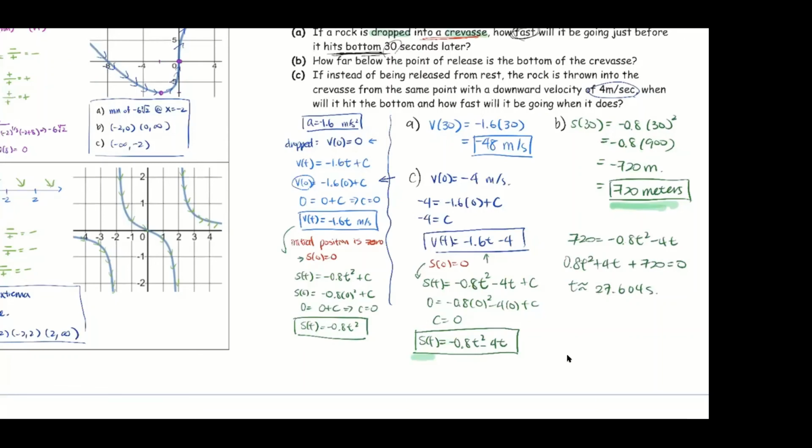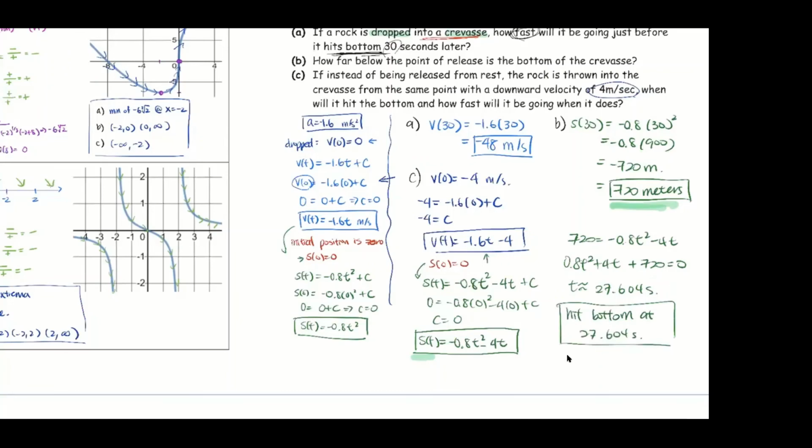So this is when this will happen, right? So when will it hit the bottom? It hits the bottom at 27 seconds, but that's not all I'm asking. I'm asking for more. So here's one answer. It's going to hit the bottom at 27.604 seconds.